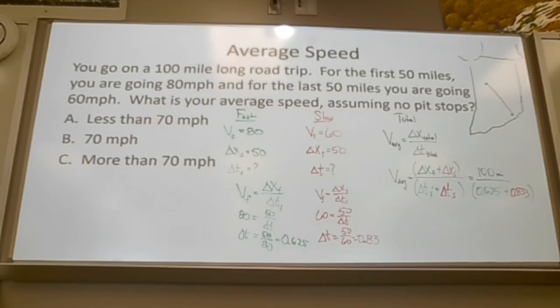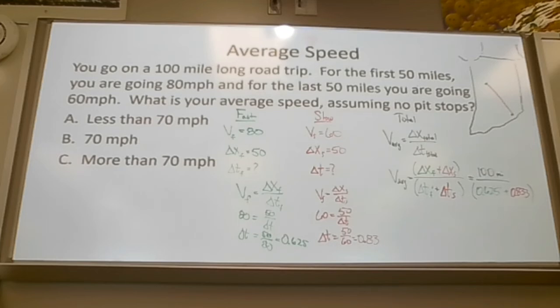No, they're traveling for equal amounts of distance. Which 50-mile trek took longer? The one where you're going faster or the one where you're moving slower? Slower. So your average velocity is going to be less than 70, because you spent more time traveling 60 miles an hour than you did traveling 80 miles an hour.